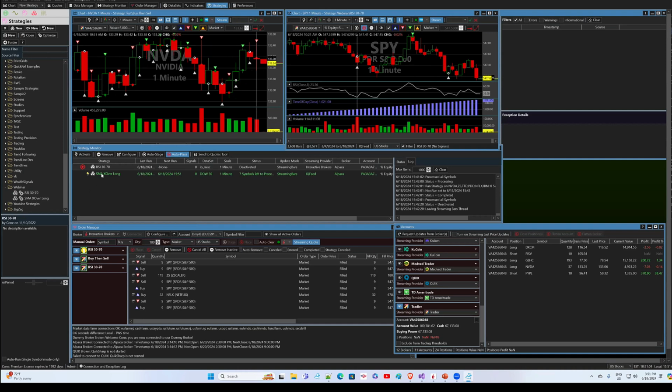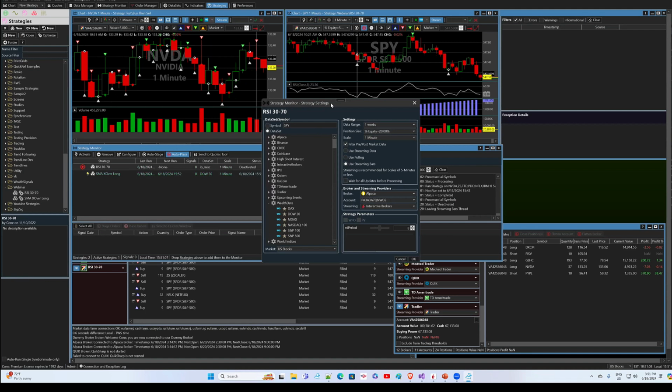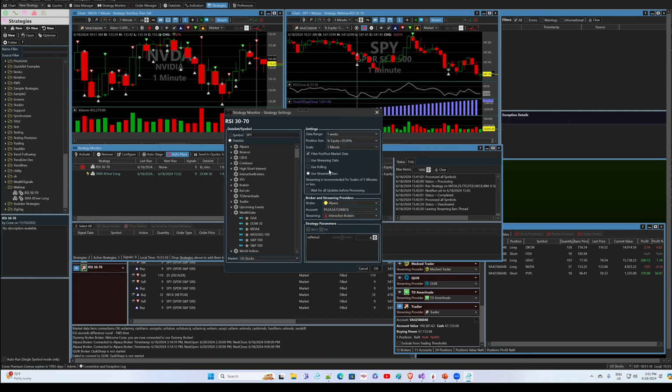Okay, let's pull up the configuration for a strategy here. The strategy monitor has three options: streaming, polling, and streaming bars. Now, polling is always going to poll for historical data.